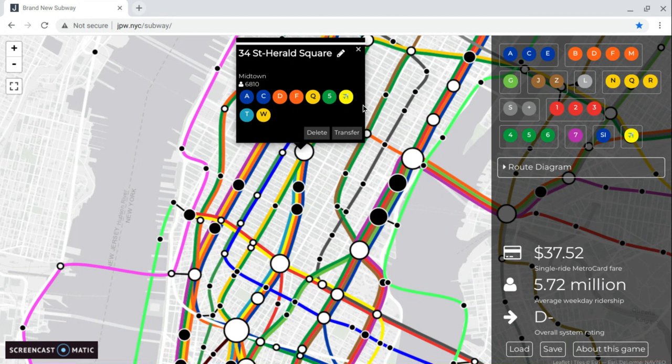Now that I think about it, the D, F, Q, and W stop here in real life. The T has not been created. It'll probably be making full service within the next 10 to 15 years.